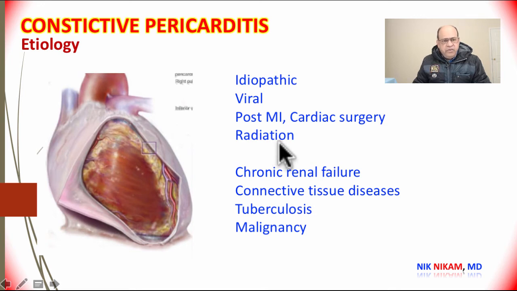The other causes include chronic renal failure, connective tissue diseases, and very rarely tuberculosis, at least in the United States, and malignancy can also be a cause. But in the majority of cases, the etiology is idiopathic or post-cardiac surgery or related to radiation.